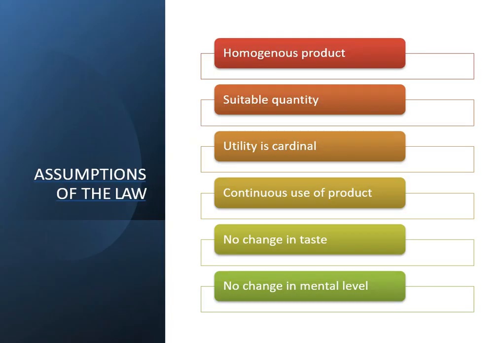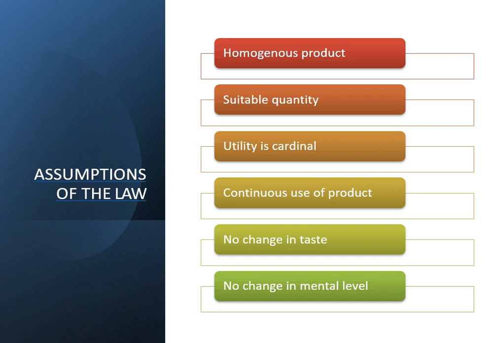What are the different assumptions of this law? The first assumption is a homogeneous product. What is meant by a homogeneous product? It means that the unit which we used the first time, we have to use a similar unit for the second time, the third time, the fourth time and so on.